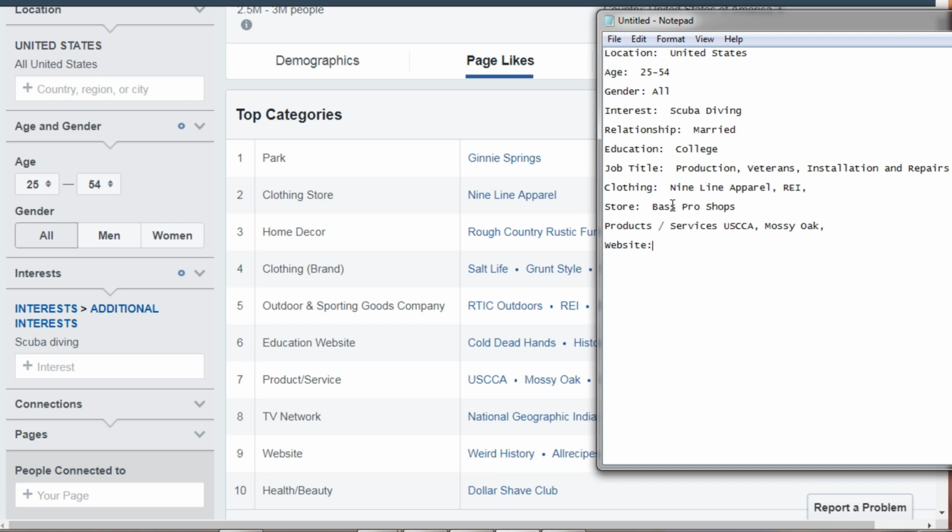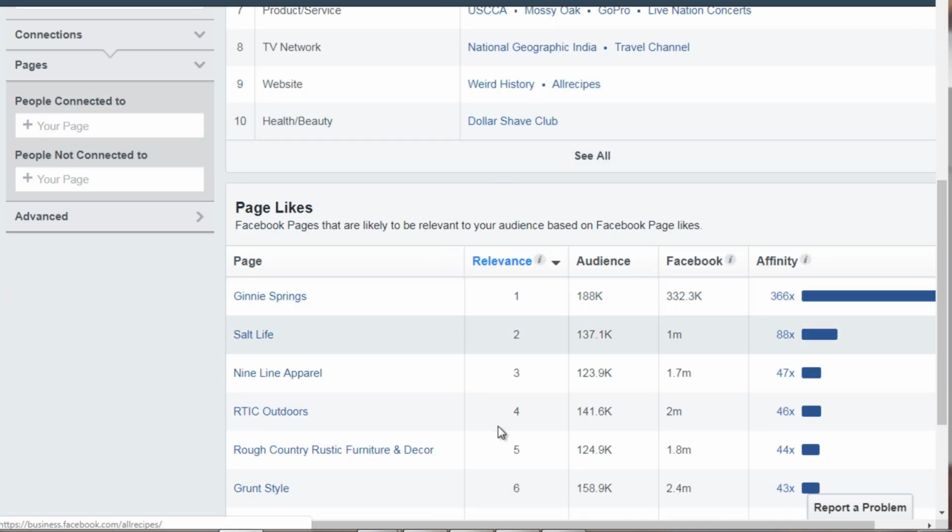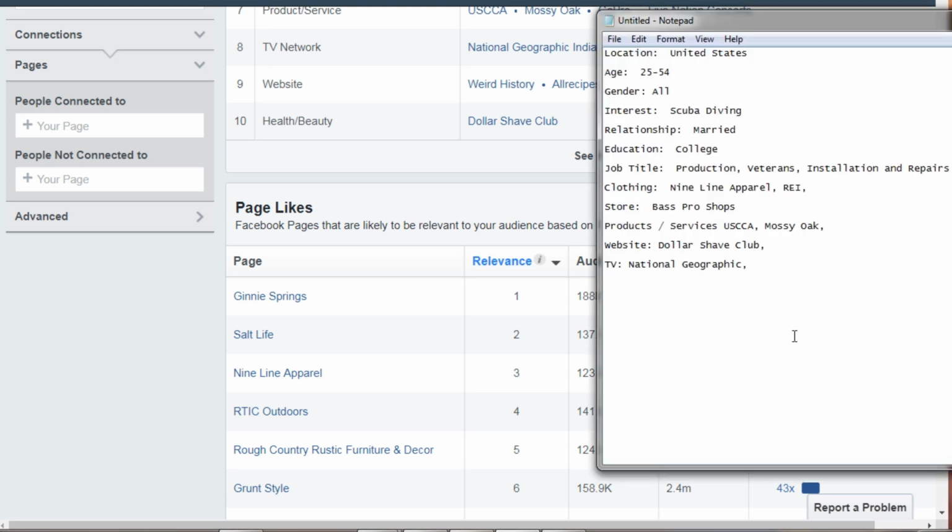What websites do they visit? What TV shows do they watch? They watch National Geographic. They like to visit All Recipes.